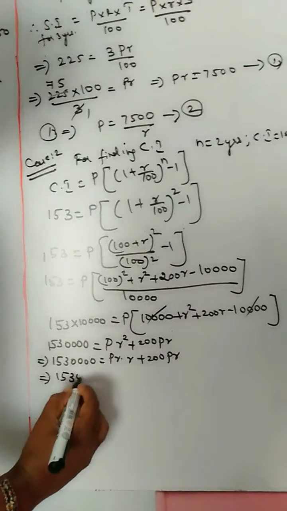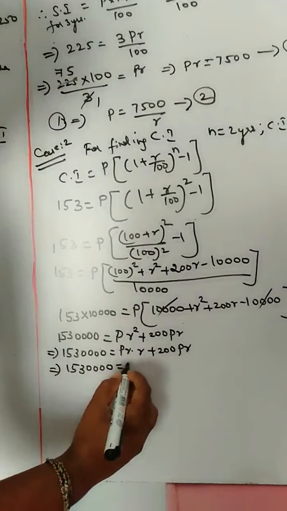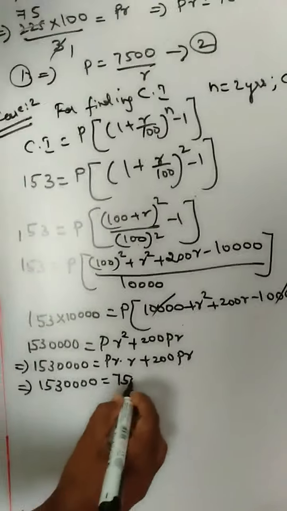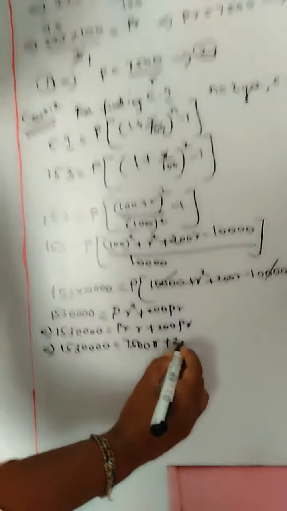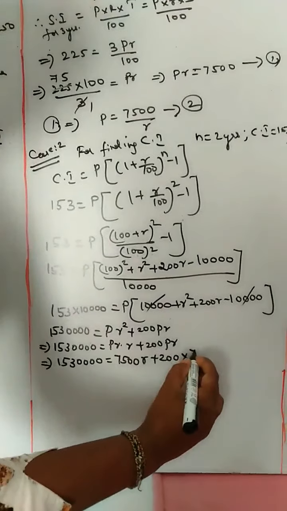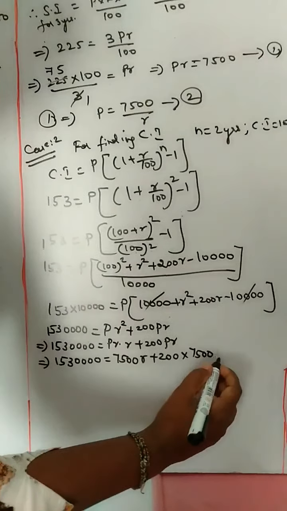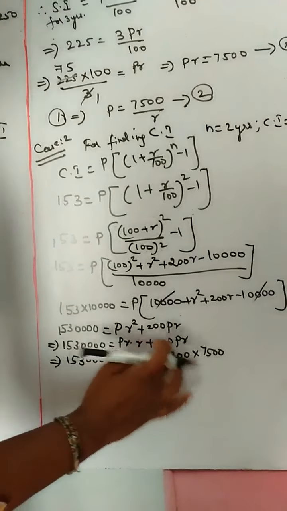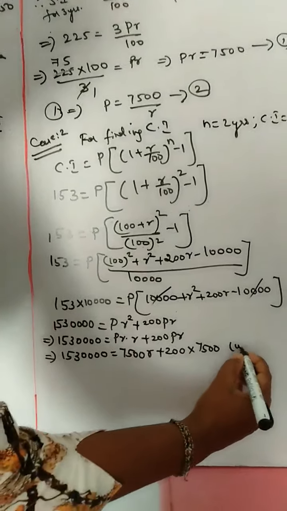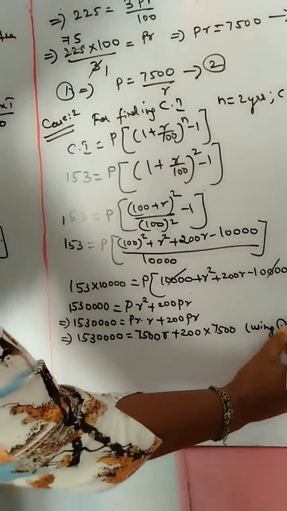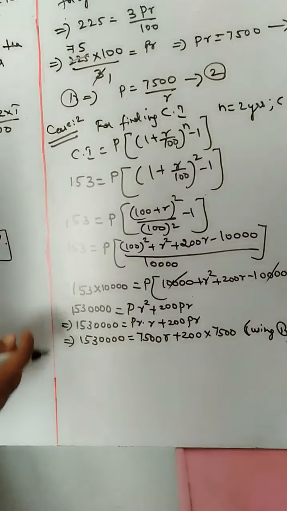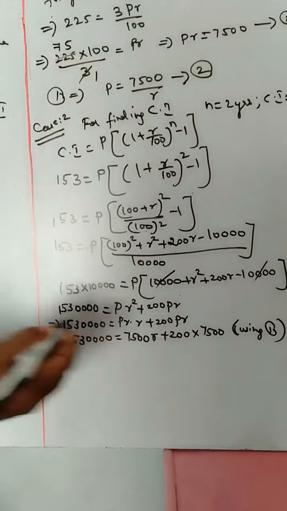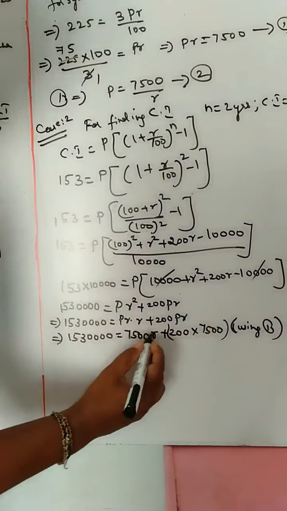So 15300 is equal to 7,500 R plus 200 into 7,500, using 1. This is one part and this is another part.